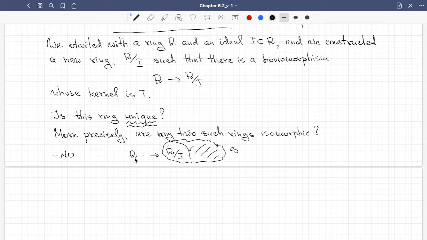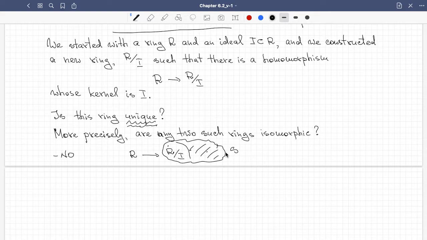No element of R maps there. So if we formulate the question in this way, then the answer is no, because there may be other elements in the ring S which are absolutely irrelevant but still are there, and R over I, the quotient ring, definitely is not the same as a bigger ring S.